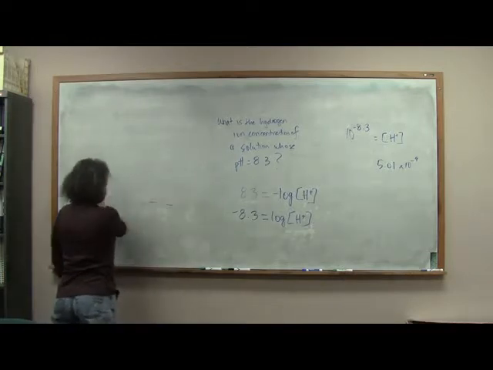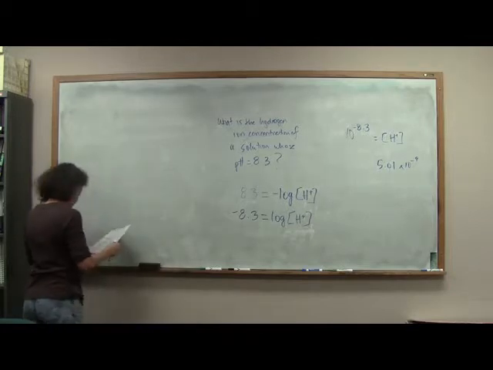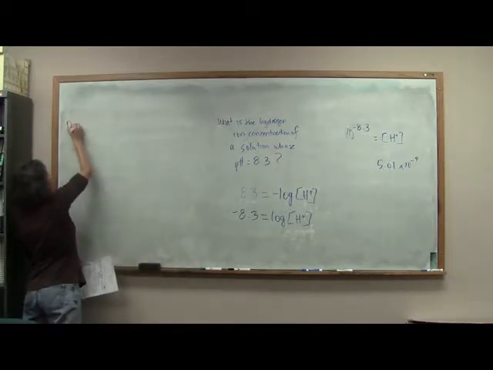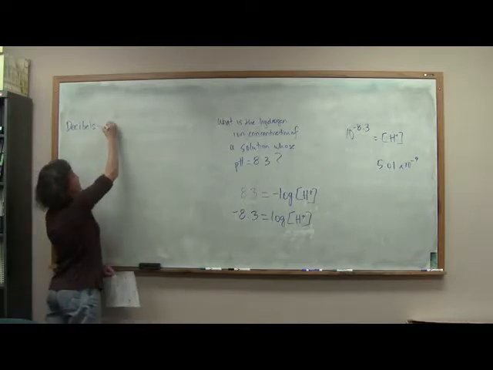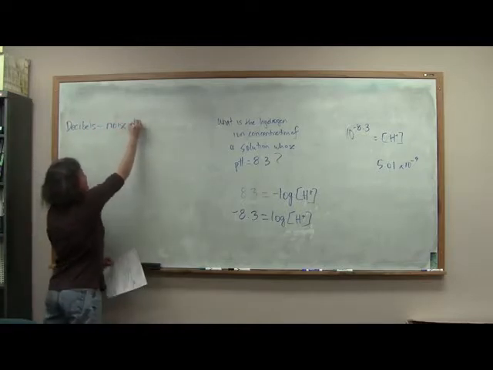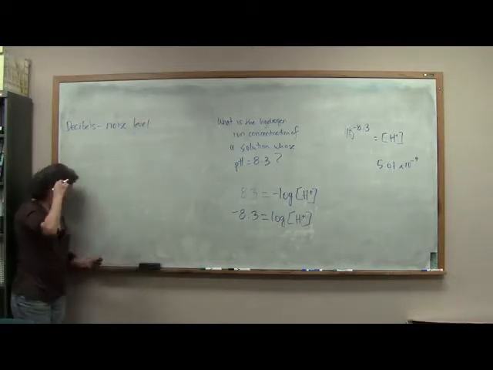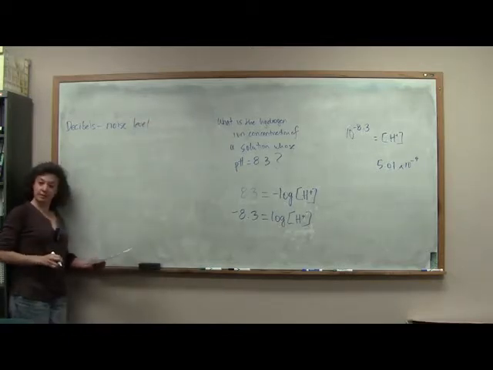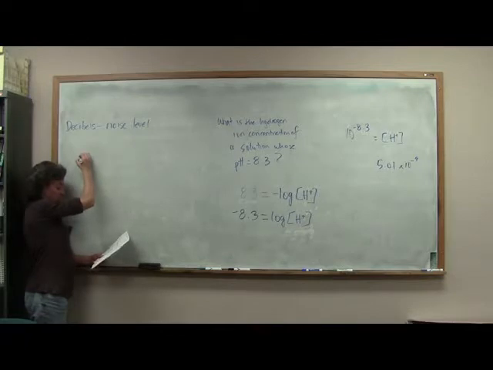All right, the one other thing that I'm going to mention in this section is about decibels. Decibels are the units that we use to measure the level of noise. And here's the formula.